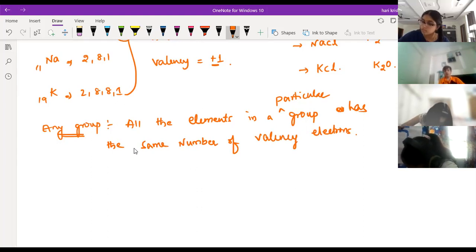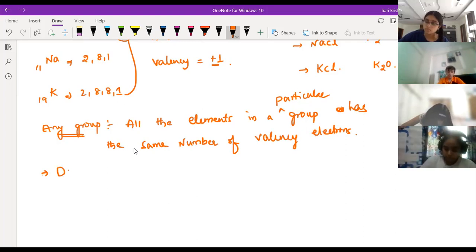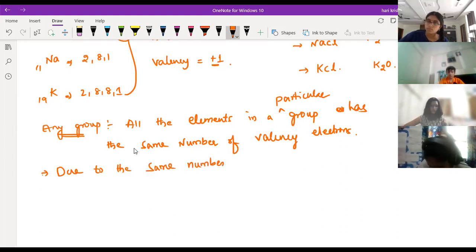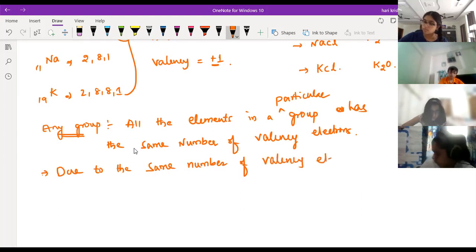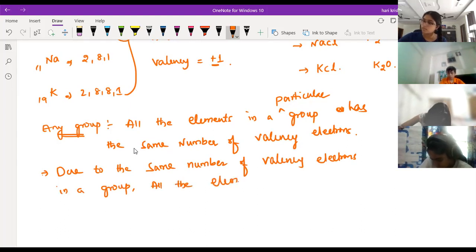So due to the same number of valency electrons in a group, all the elements will show similar chemical properties.